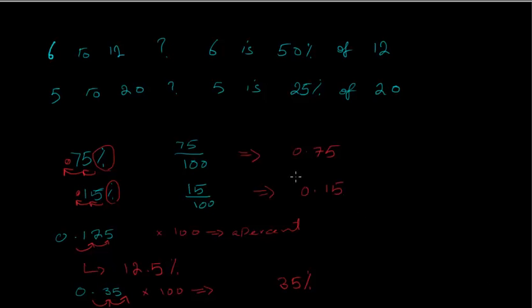Let me clear the table first. There are easy ways to calculate a percent. To find, for instance, 15% of a number, what we do is first find 10% and then add 5 more percent to it, and then you'll have 15% of the given number.